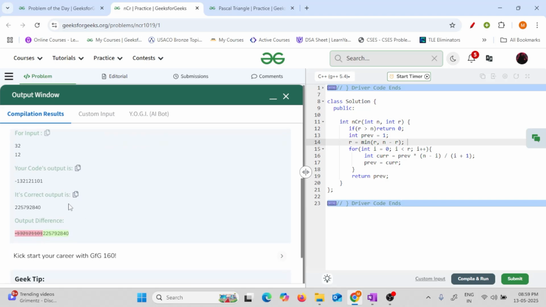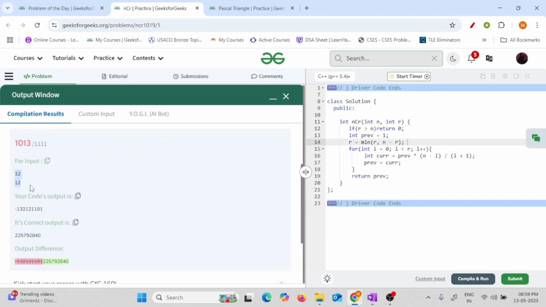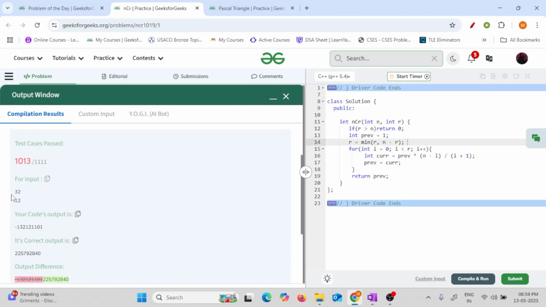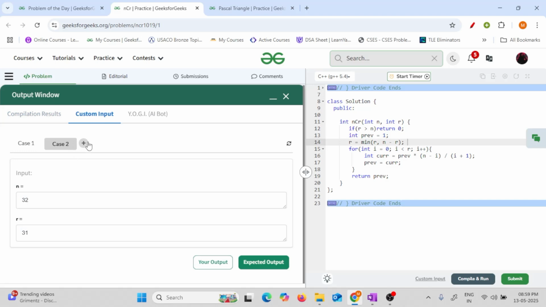It is giving an error. Why? Because we are doing multiple multiplications, which is a difficult task, and it goes into integer overflow. So let's do the same thing with 32 and 12. This is all just giving integer overflow.